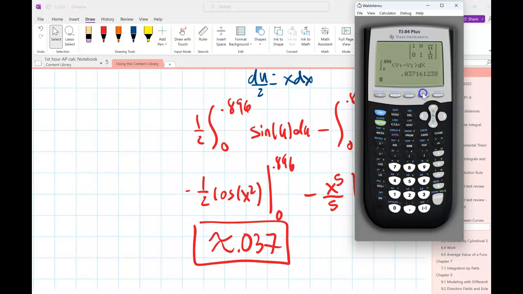I'm trying to think if there's something hidden here. I don't know. I've never played around with whatever this function is. Like integral of f of x, I imagine is something, but I don't know that it. Yeah, it's probably a yes.